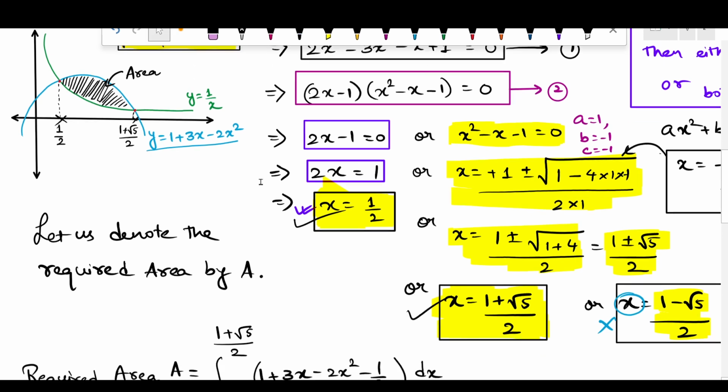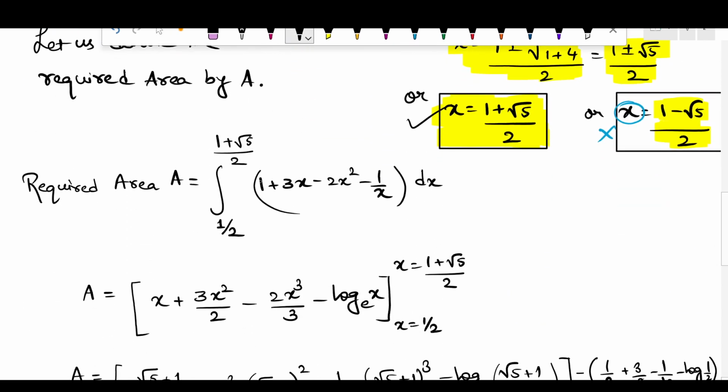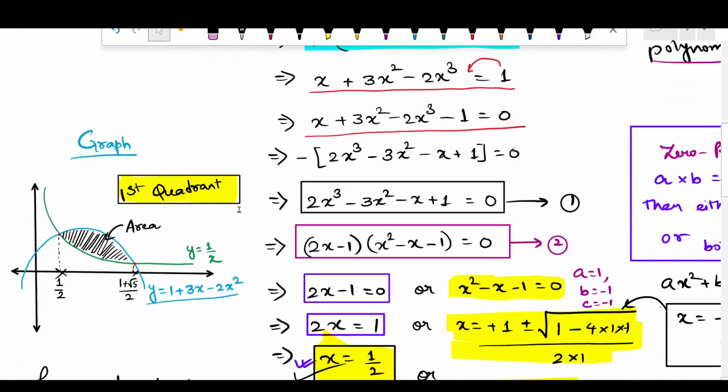Right? Then see, we have area A from x equals half to x equals 1 plus root 5 by 2. Why? See, here we are going from x equals half to x equals 1 plus root 5 by 2.